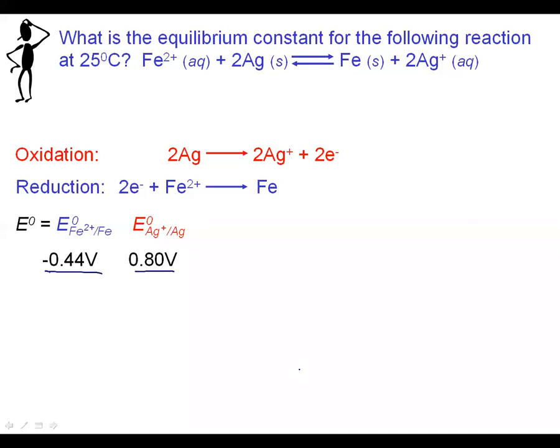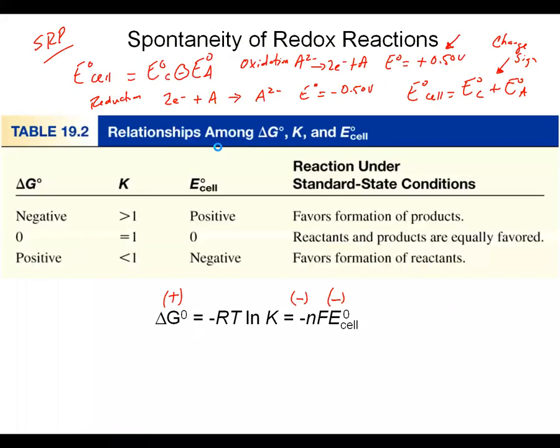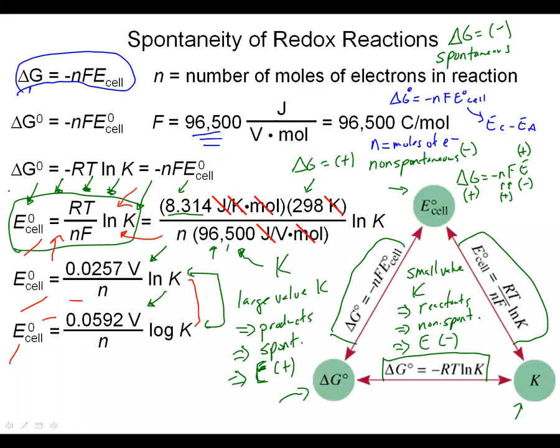Okay, so let us look at this. And again, the key here is we're looking for the equilibrium constant. So to go back to an earlier question, this is where we would want to use this equation here, as it is the one that involves the equilibrium constant.